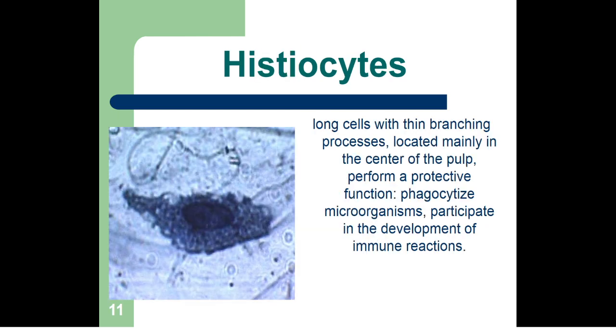Histiocytes. They are long cells with thin branching processes located mainly in the center of the pulp, perform a protective function, phagocytize microorganisms, and participate in the development of immune reaction.